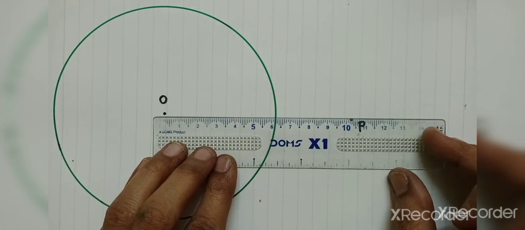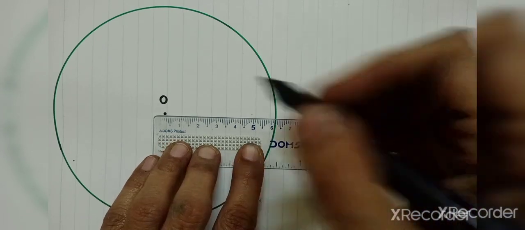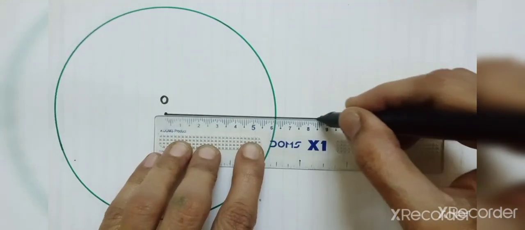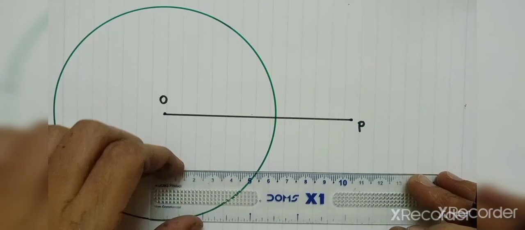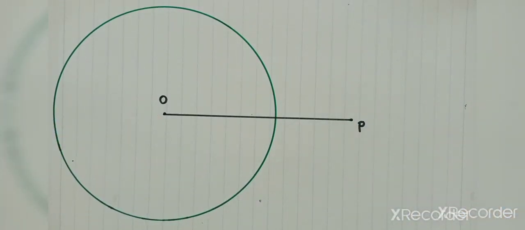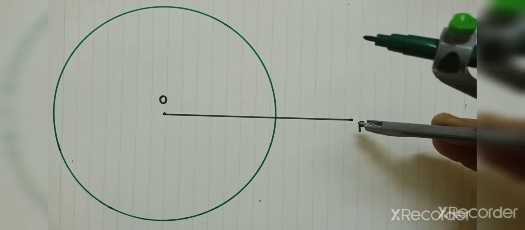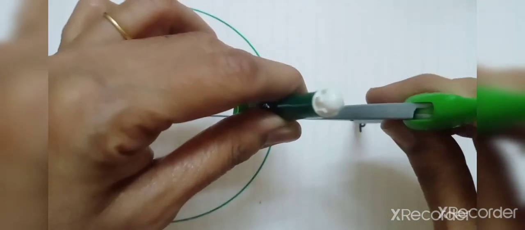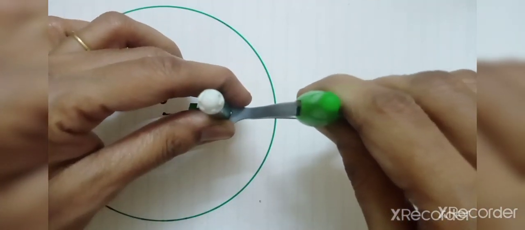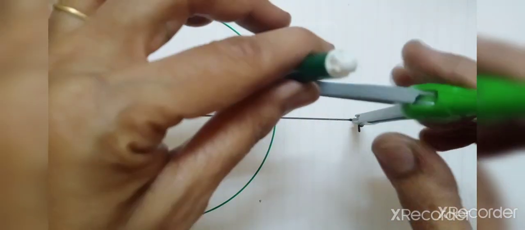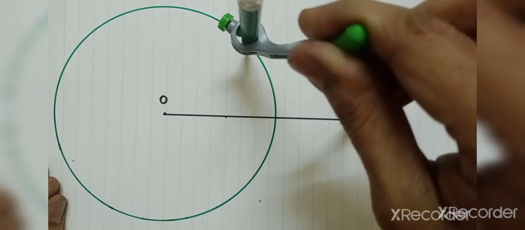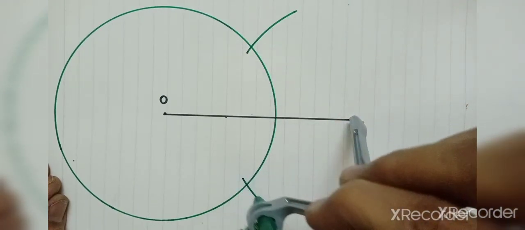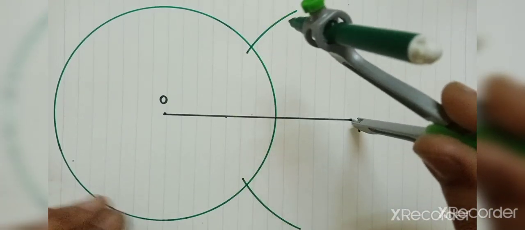Now you join this center O and point P. Right? So you will get a line segment OP. Now we have to draw the perpendicular bisector of this line segment OP. So for that we will take approximately more than half of this line segment and draw an arc. So with P as a center, draw two arcs, upward direction and downward direction.